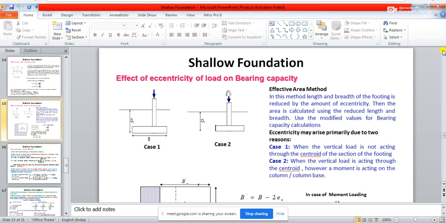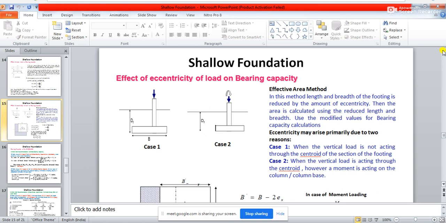Okay. Now today we will be discussing the effect of eccentricity. That means when the load on the foundation is not put concentrically, not acting exactly at the centroid of the footing.